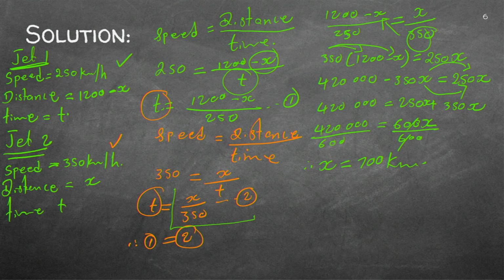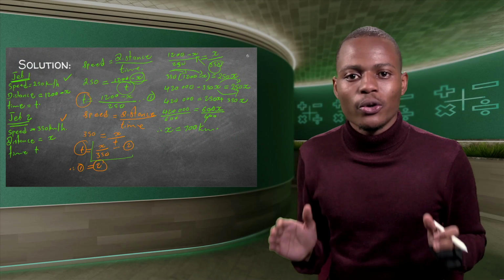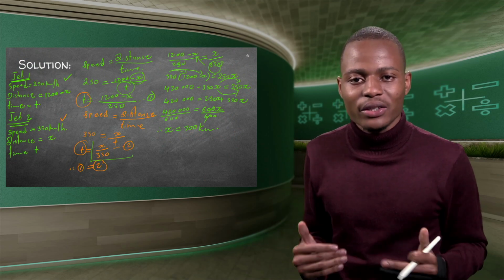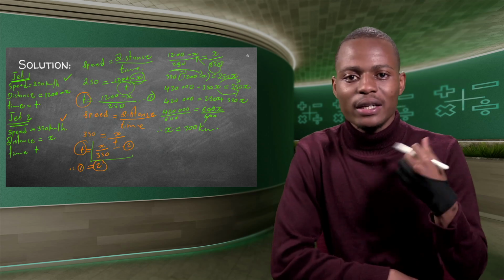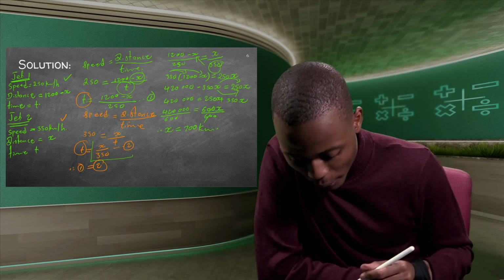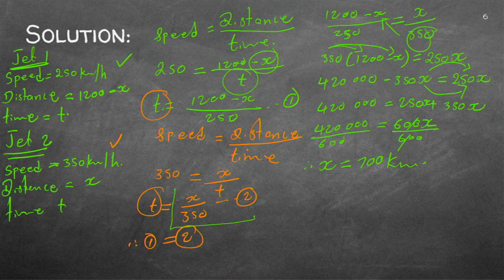Okay, so that was the distance that one of the aircrafts traveled. So once we have such a case, guys, we can now easily go back to the original equation of speed, that says speed is equal to distance divided by time.